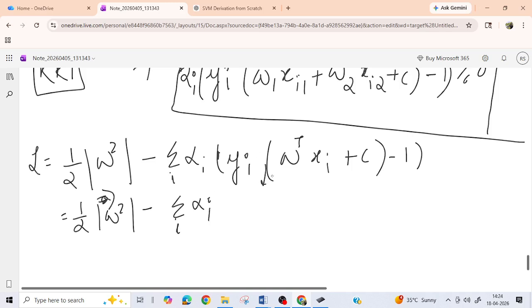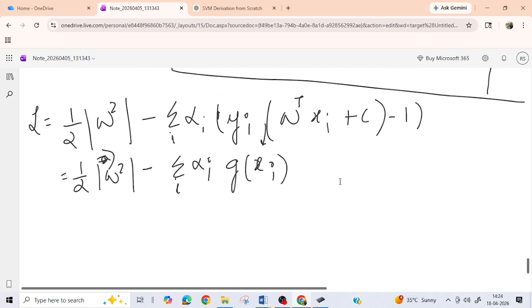Let's call this g(xi) for a particular point. Now let's look at this for a specific point, and we want to minimize this, just remember that we want to minimize this guy. So let's say a particular condition is there in which g(xi) is negative, which we don't really want.